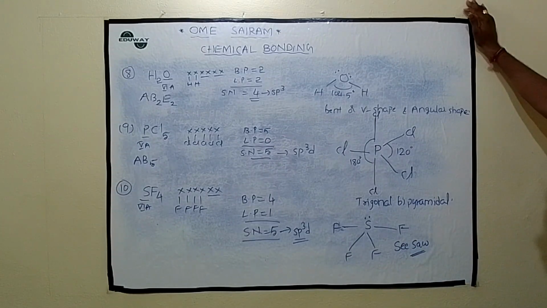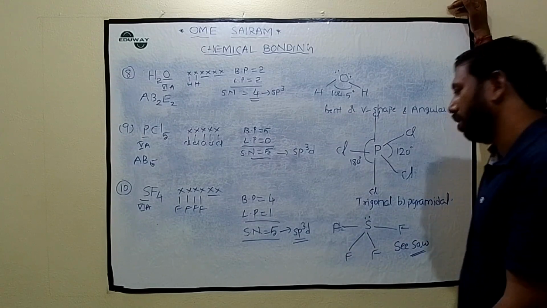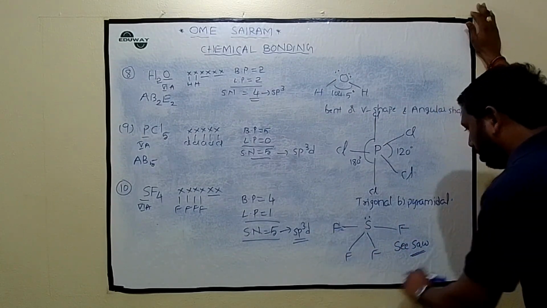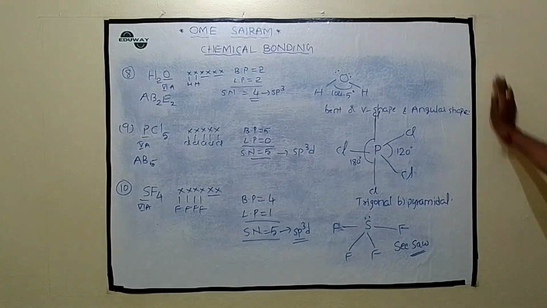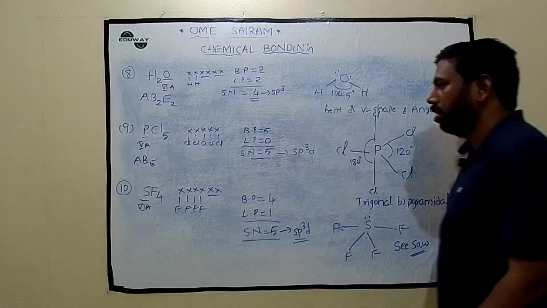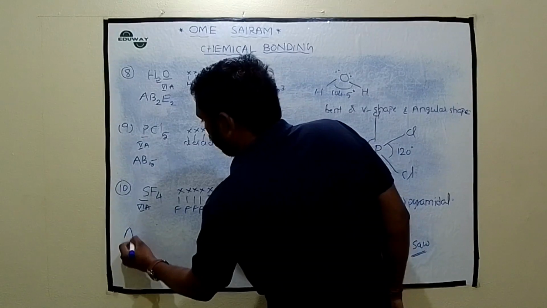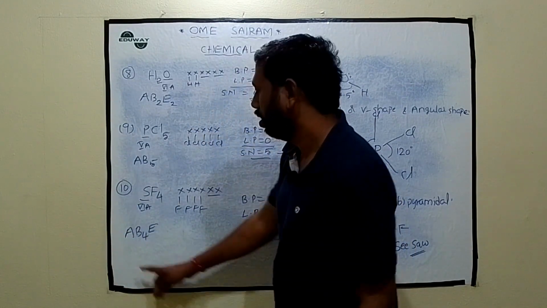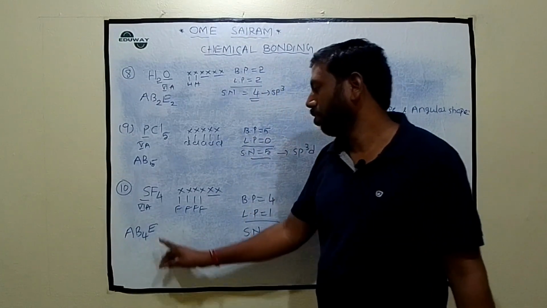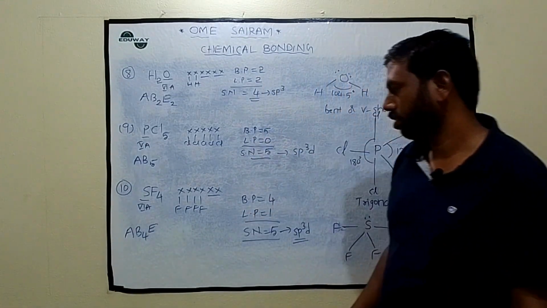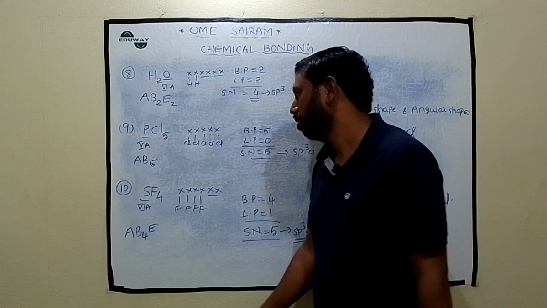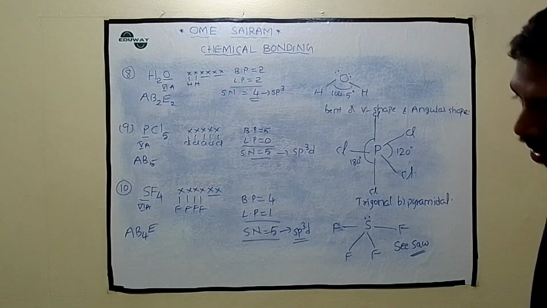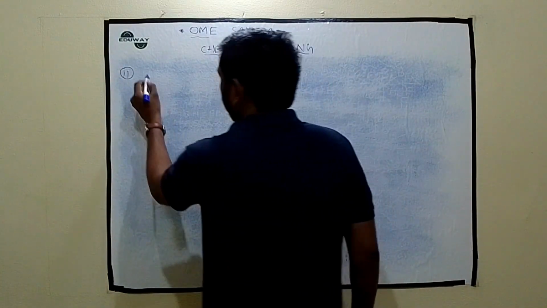If any molecule has 4 bond pairs and 1 lone pair, the molecule should exist in seesaw structure. Here it belongs to AB4E. That means it contains 4 bond pairs and 1 electron pair, nothing but 1 lone pair. Next molecule, we go to the next molecule, ClF3.